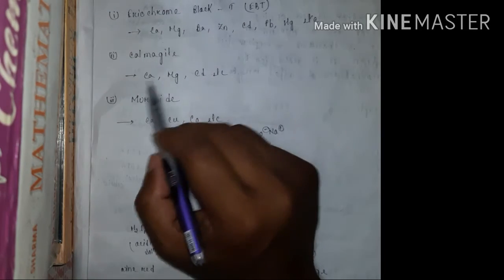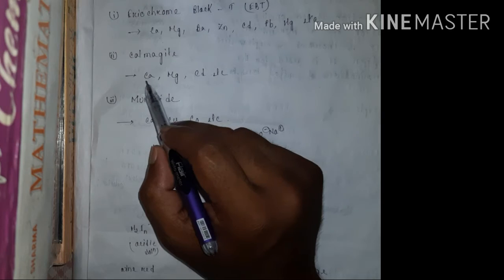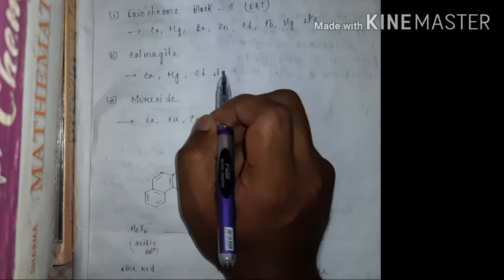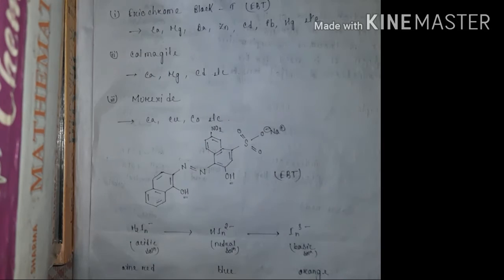Then the second one, calmagite, is used to determine calcium, magnesium, and cadmium ions. And the third one, murexide, is used to determine calcium, copper, and cobalt metal ions, etc.